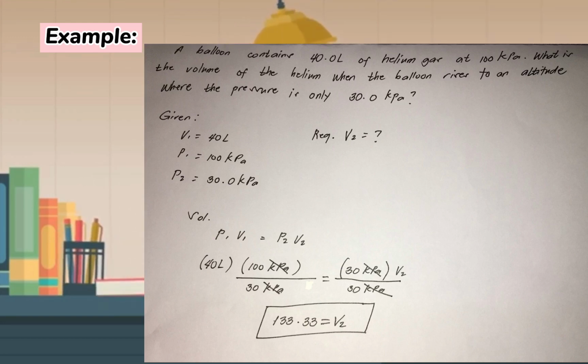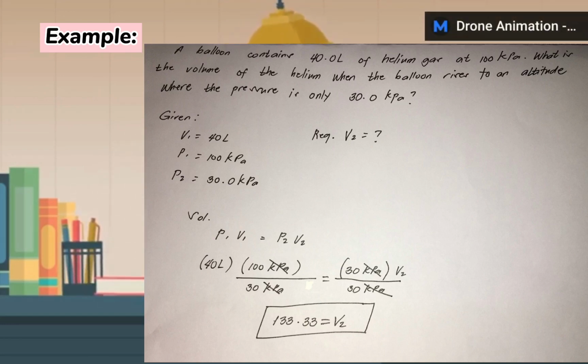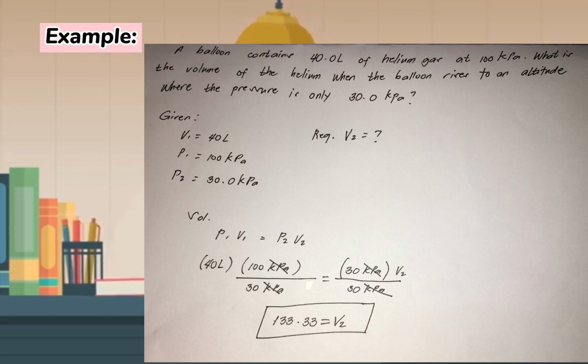To find the value of second volume, let us use the formula P1 times V1 equals P2 times V2. Substitute, we have 40 liters times 100 kPa equals 30 kPa times volume 2. To get the volume 2, let us divide both sides by 30 kPa to have the cancellation process.